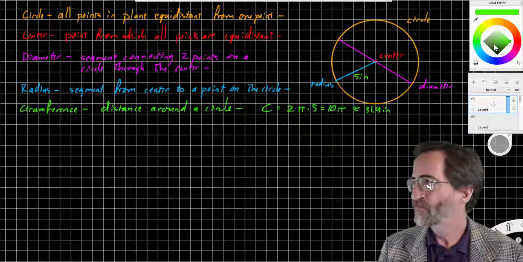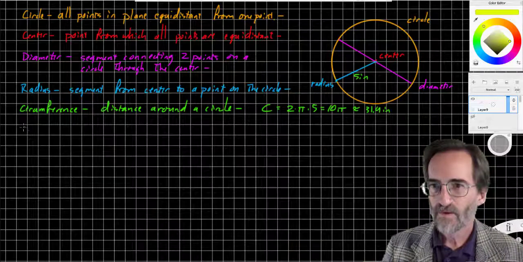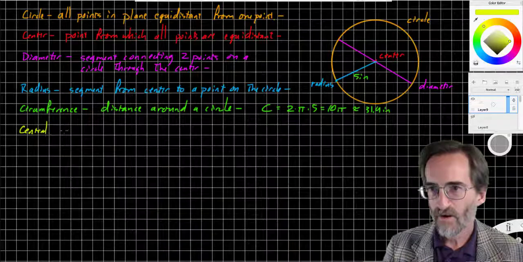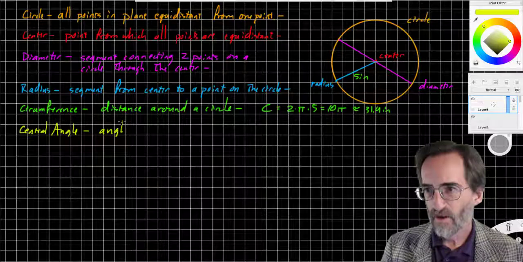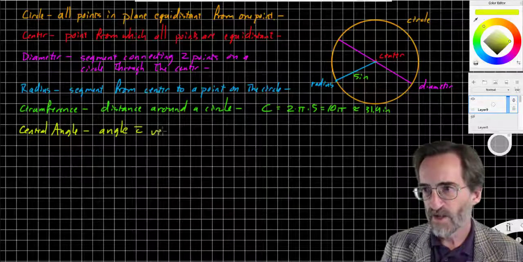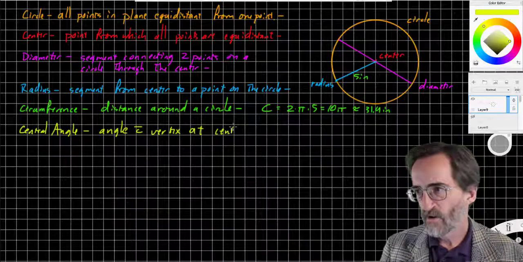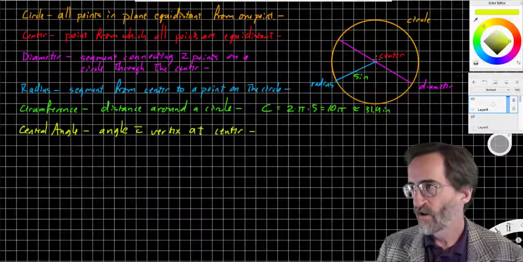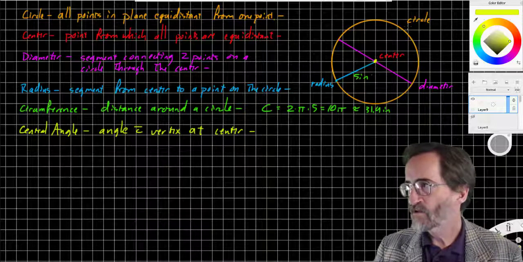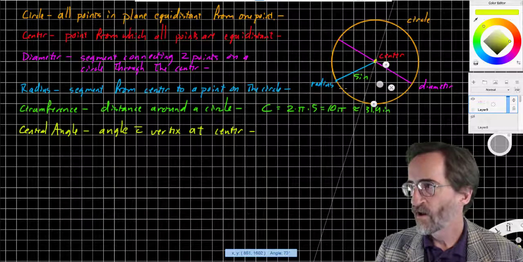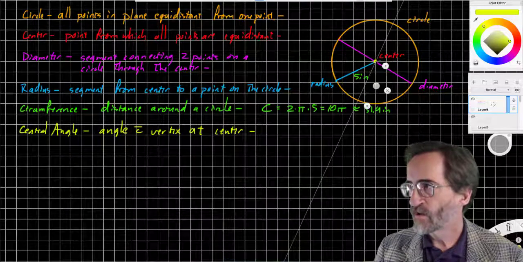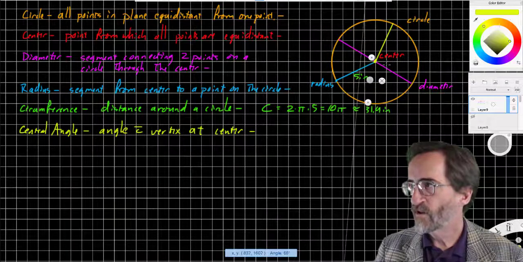Central angle. An angle with vertex at the circle's center. So this would be a central angle.